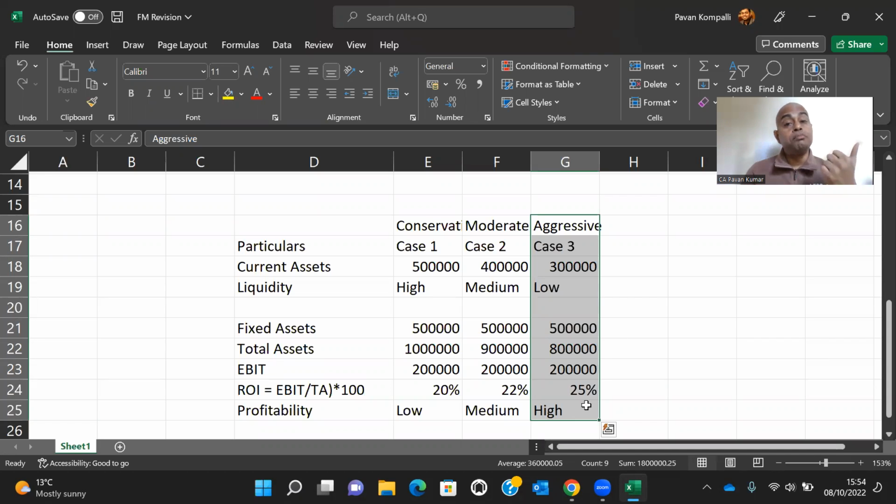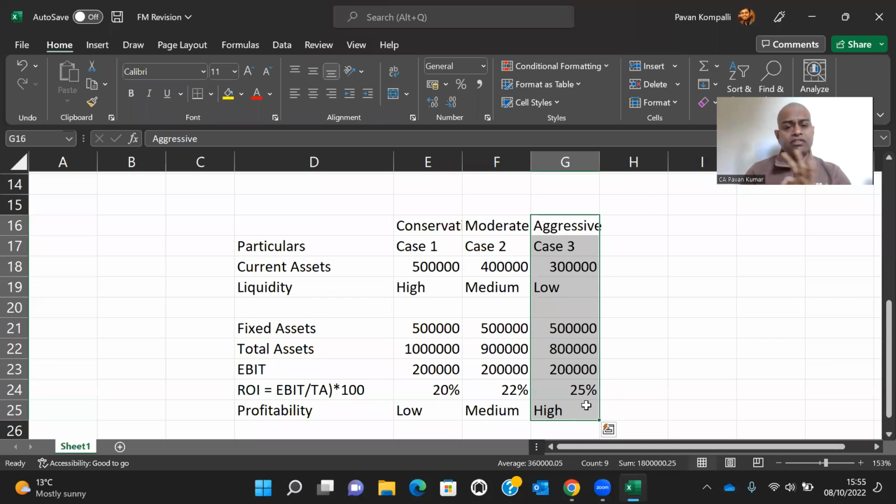When the company follows moderate working capital policy, liquidity is normal, that means moderate, medium, and profitability is also medium. Step 3. When the company follows aggressive working capital management policy, the profitability is high, but the liquidity is low. Now you tell me, do you understand these 3 steps?